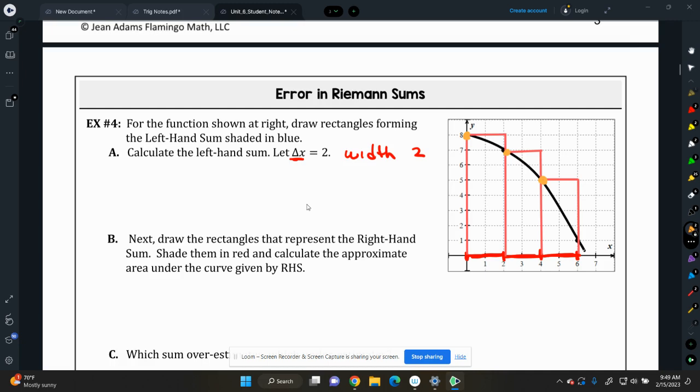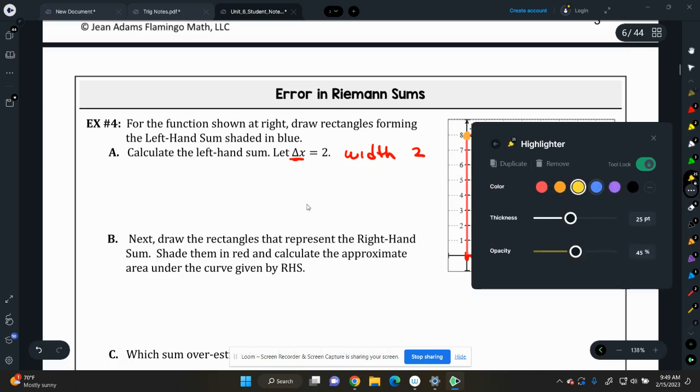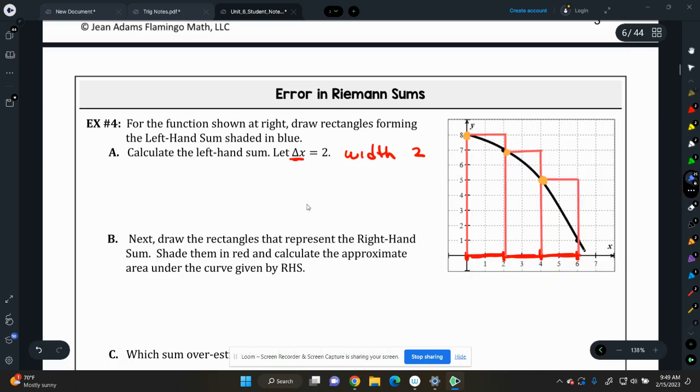Okay. So the area that I'm calculating here, okay, it says to shade it in blue. So this is the area that I'm actually calculating, this shaded in blue space.